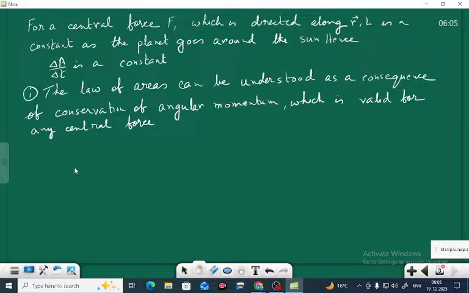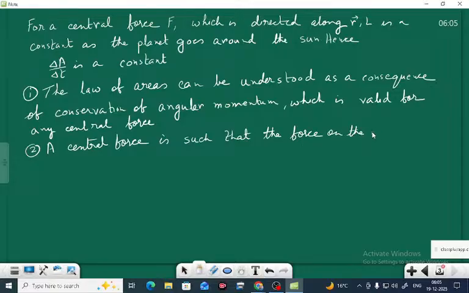Number 2 is a central force. A central force is such that the force on the planet is along the vector joining the sun and the planet.